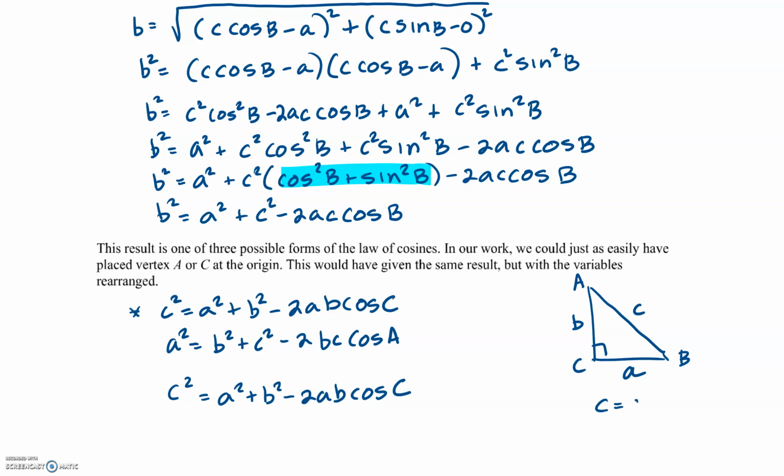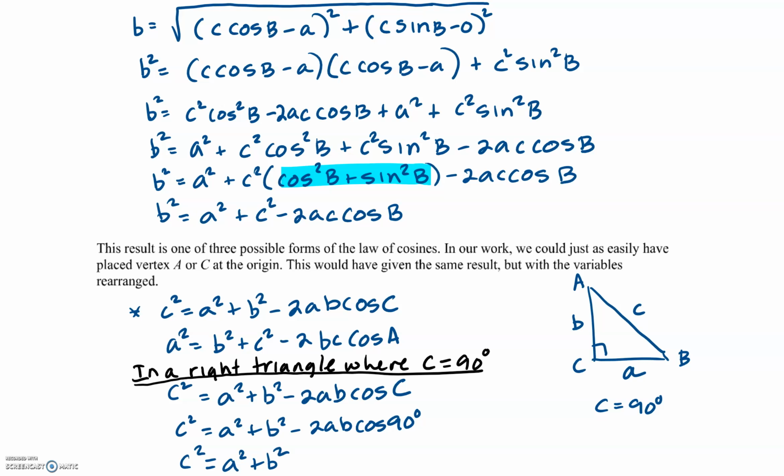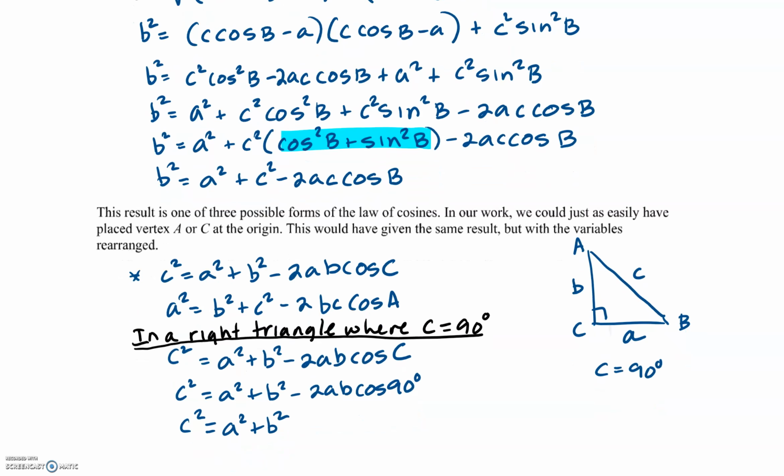And if C is 90 degrees, you can see that you just have the Pythagorean theorem. Cosine of 90 degrees we know is 0. So you get C squared equals A squared plus B squared. So this is the case of a right triangle where the C is 90 degrees. And that's the formula that we have been using since the beginning of the course for a right triangle, the Pythagorean theorem. So this is just an extension of that, isn't it?